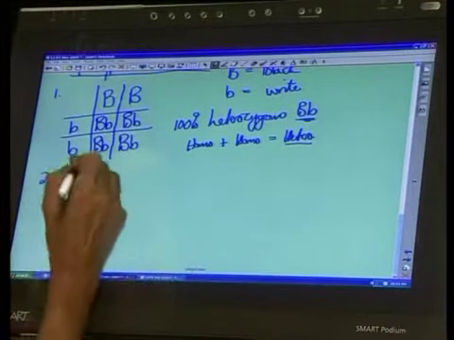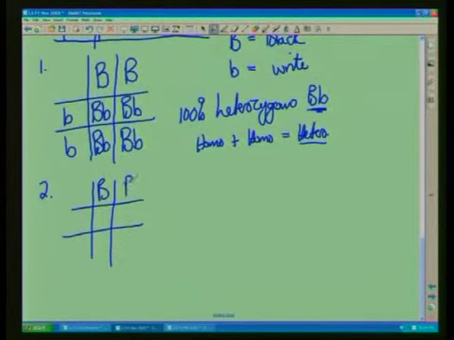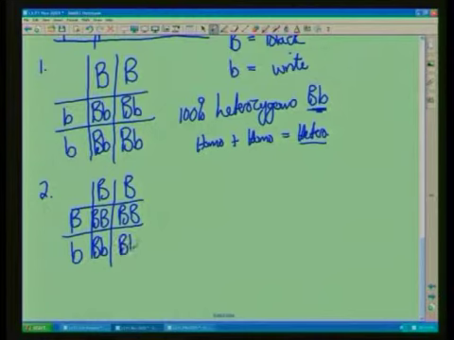Or I can say I'm going to have homozygous times heterozygous. Okay, so pure homozygous dominant times heterozygous is going to give me 50% homozygous black and 50% heterozygous.